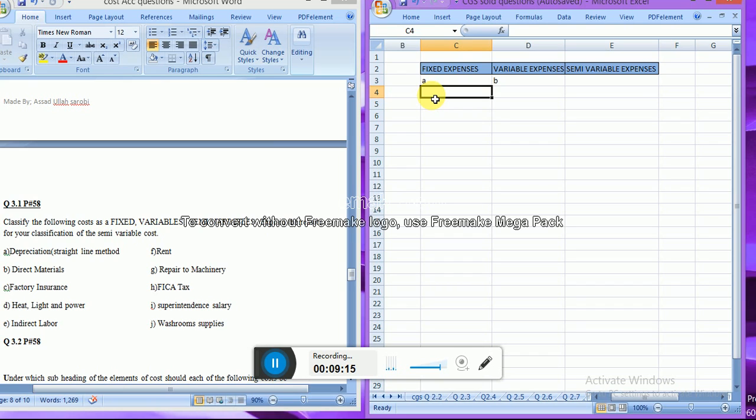So this fixed amount, 30,000, which I pay, is called the insurance premium. That is fixed. That's why factory insurance is also a fixed cost.